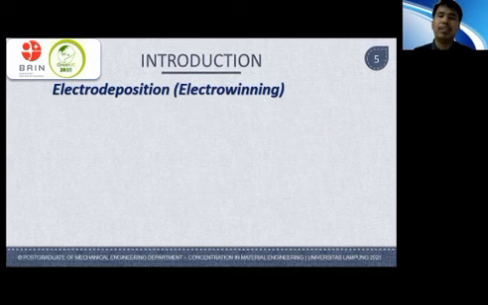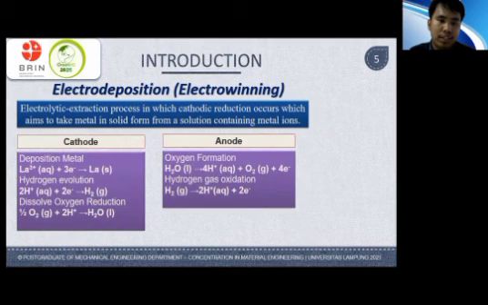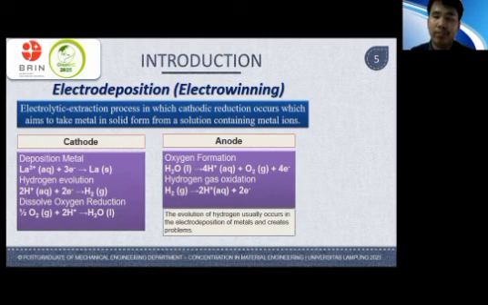Yeah, electrodeposition itself is cathodic reduction. It is a simple explanation of electrodeposition, to take a solid form from solution. There is the reaction we want, and the reaction that we do not want to happen is hydrogen evolution. Hydrogen evolution usually occurs in electrodeposition and causes problems like porosity and weakness of the solid deposit, so the result is not what we want.